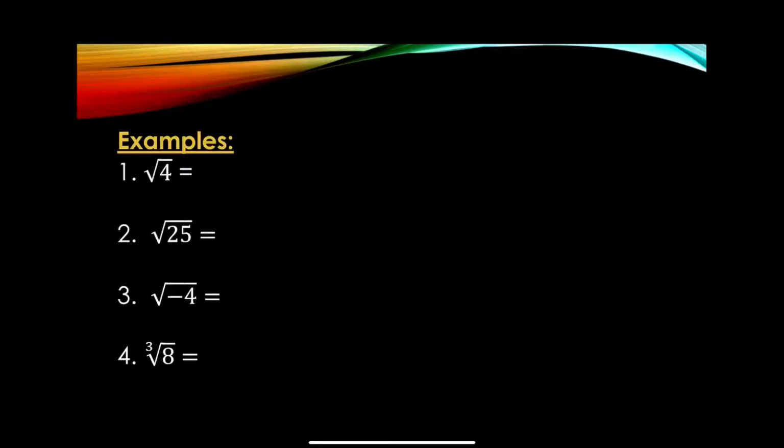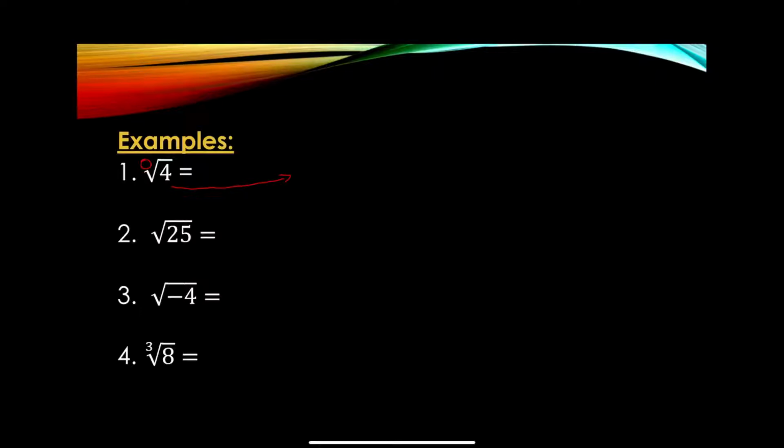Now we know that the first example is the square root. It is the root of degree 2 of the number 4. Now what's the answer here? In order to answer this question, you have to ask yourself, what is the number that if I multiply by itself 2 times, because the degree here is equal to 2, it will give us 4?